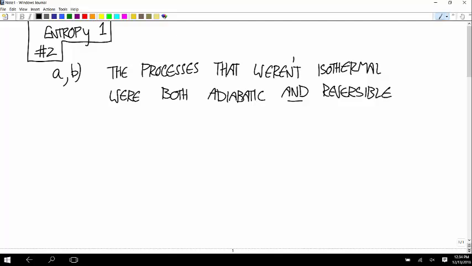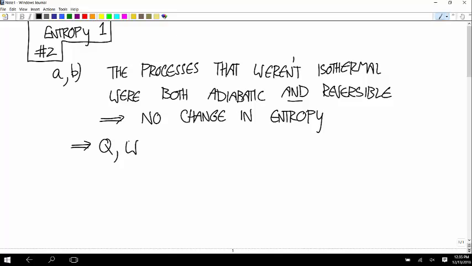And if something's adiabatic and reversible, it means there's no change in entropy. And so based on that, we were able to find the heat transfer and the work for the two isothermal processes.